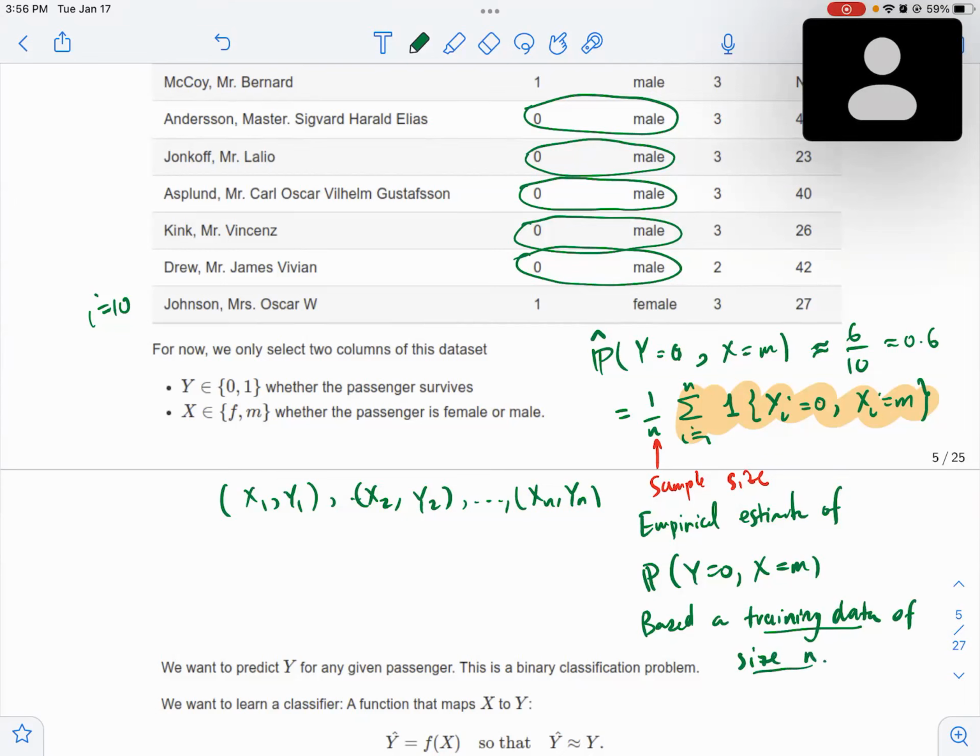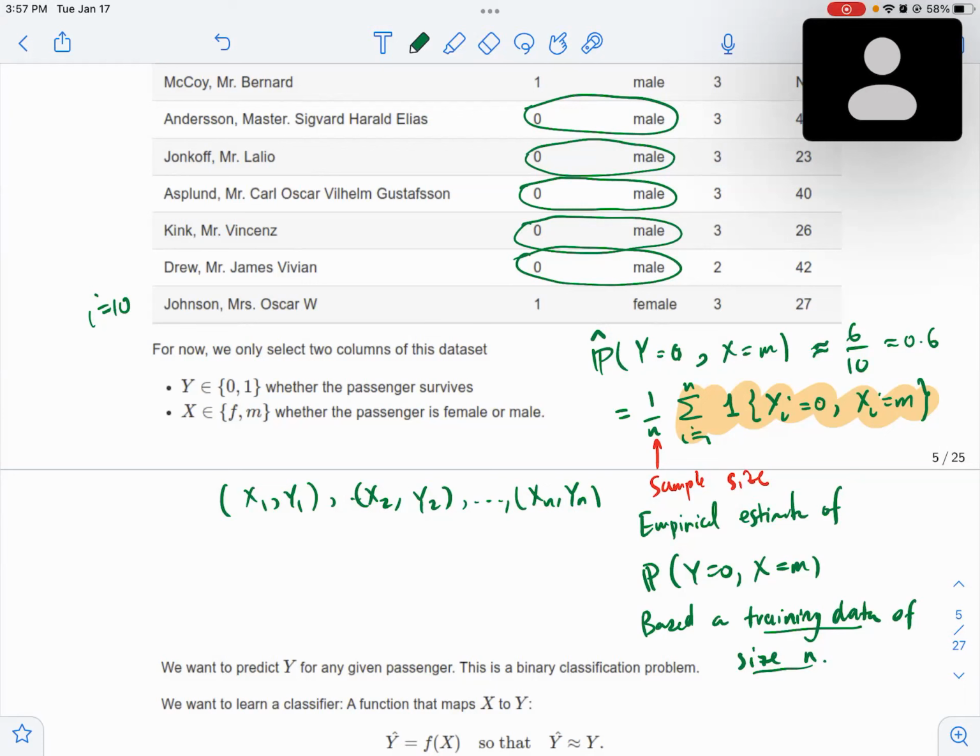So if you're a machine learning person, you'd say training data. If you're a statistician, you'd say a sample size. And training here means I'm going to use this data basically to train my classifier, to learn the classifier, which in our case starts from learning the distribution itself. Okay. Does that make sense?